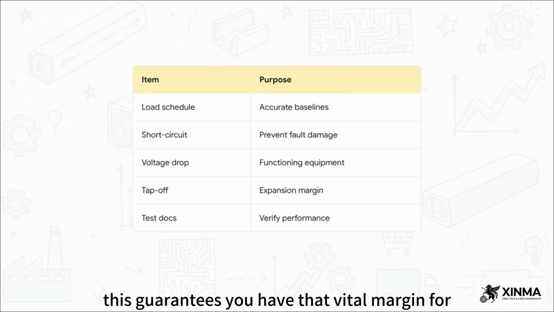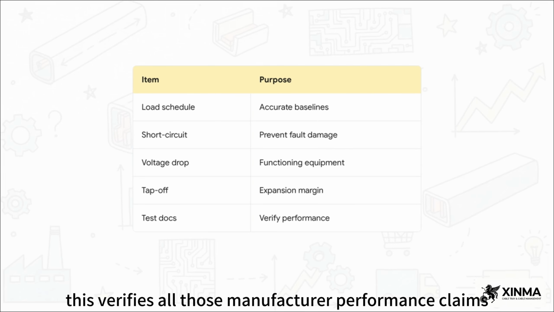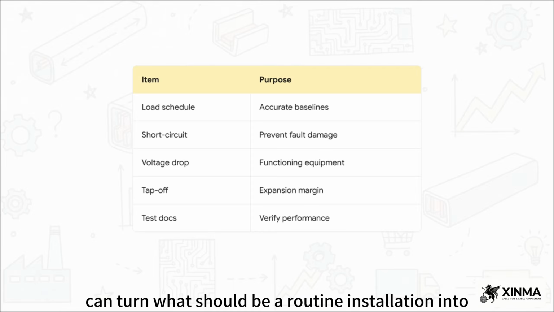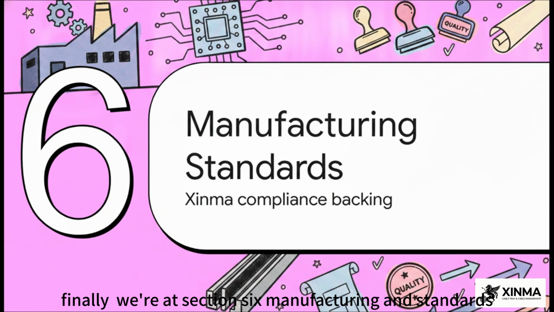This guarantees you have that vital margin for future expansion we talked about earlier. And finally, test documentation. This verifies all those manufacturer performance claims, specifically those temperature rise claims we just went over. Neglecting even one, literally just one of these items, can turn what should be a routine installation into an incredibly expensive and dangerous disaster.